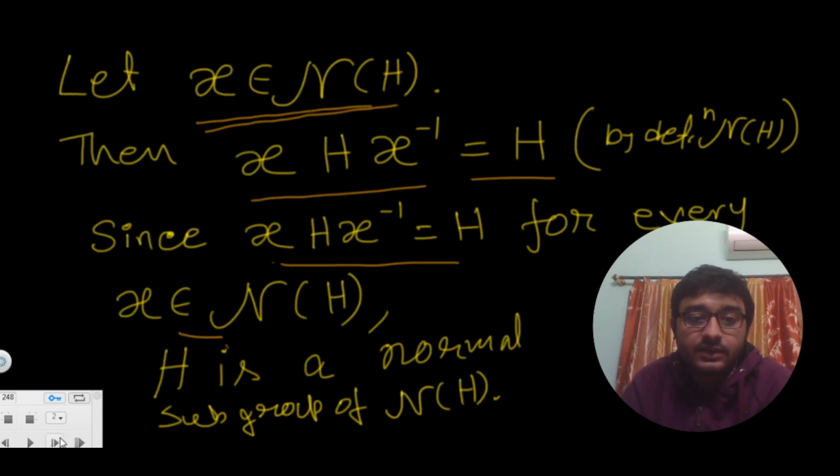Now we were left with the normal part. We took an element x from N_H, and then xHx inverse is equal to H for every x belonging to N_H. From that we get that H is a normal subgroup of N_H. So the problem is proved.